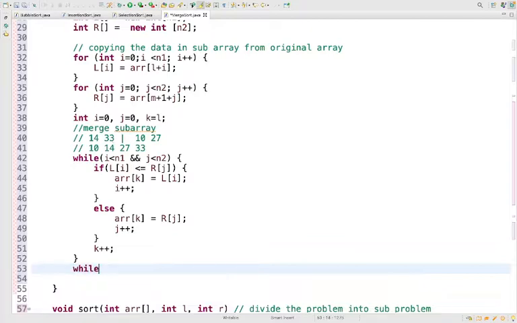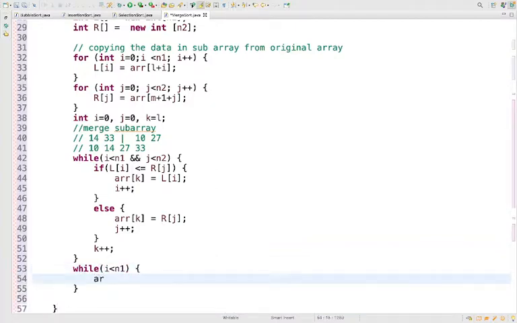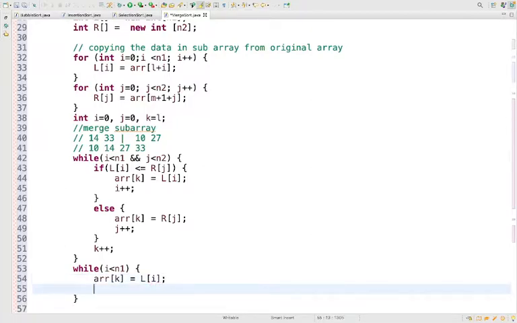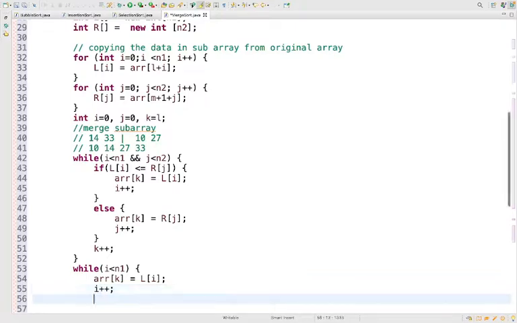So what we have to write is, while i is still less than n1, we do ARR k equals L of i, and then we increase the values.